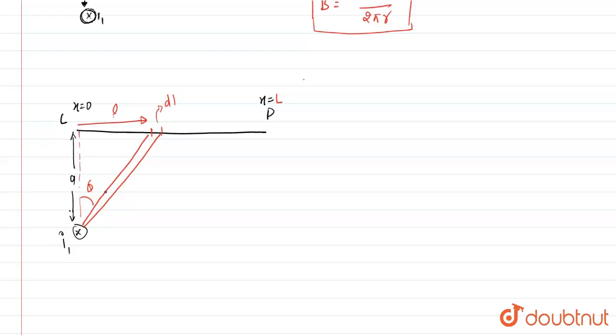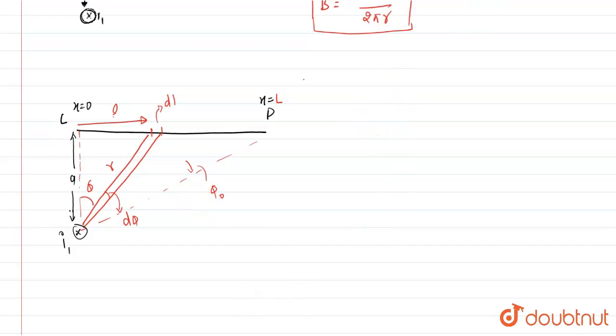That angle is phi, and the small angle is d phi. So point C makes angle 0 and point D makes angle phi naught. The total angle is phi naught.